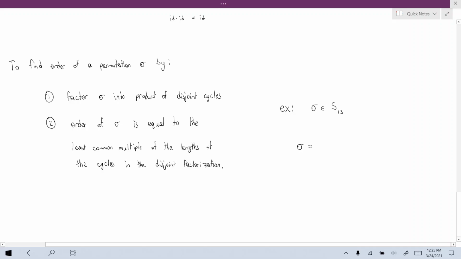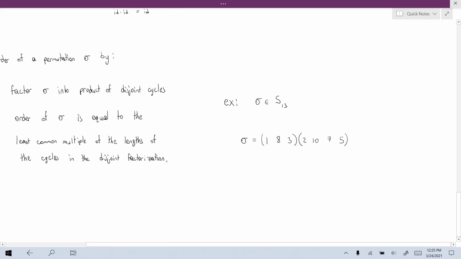And its disjoint factorization was maybe (1 8 3)(2 10 7 5)(12 6). Okay?